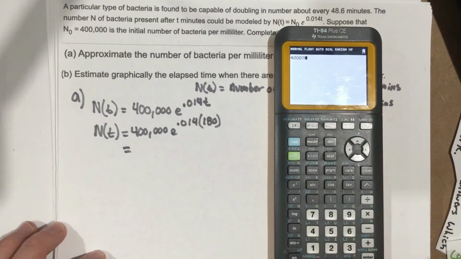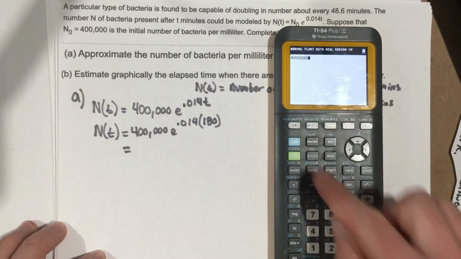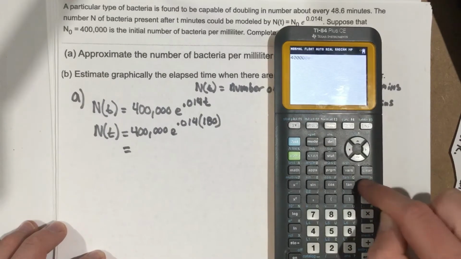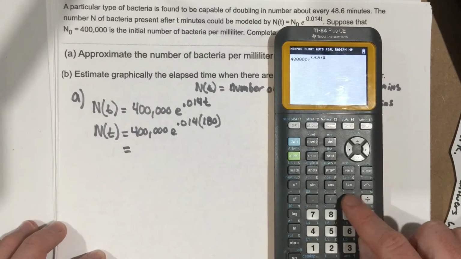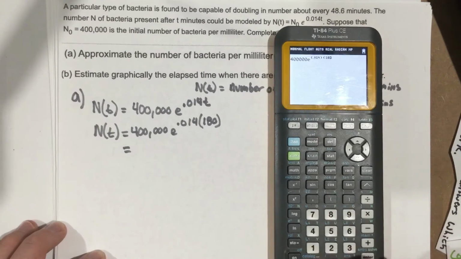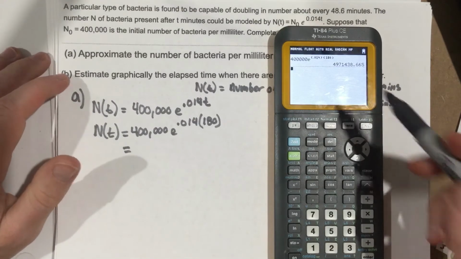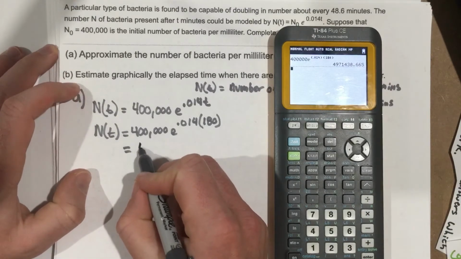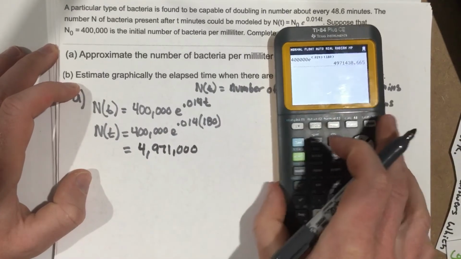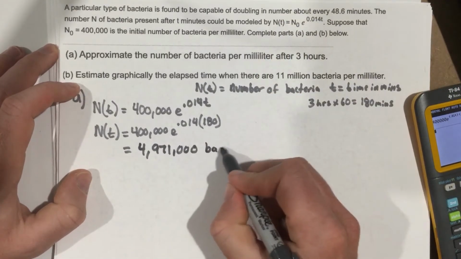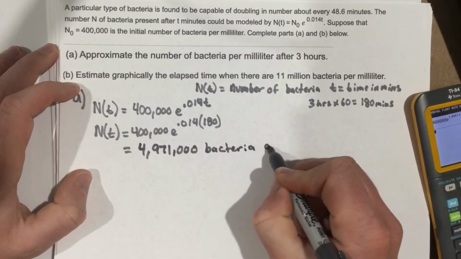So 400,000 e to the 0.014 times 180. And that's going to be 4,971,000, and I think they want us to round it to the nearest thousand. So 4,971,000 bacteria after 3 hours.